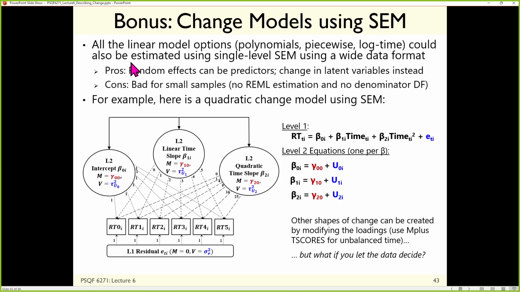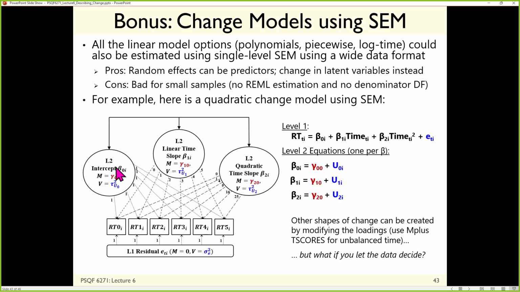In the advanced longitudinal class that I'm doing at this same time next semester, we will get to know longitudinal models using both single-level structural equation modeling as well as multi-level structural equation modeling, because those are what we need to model time-varying predictors appropriately if they themselves have individual differences in intercept and change. But this one is mapping on all of our multi-level parameters onto the picture here. So each circle is a random effect, is a latent variable.